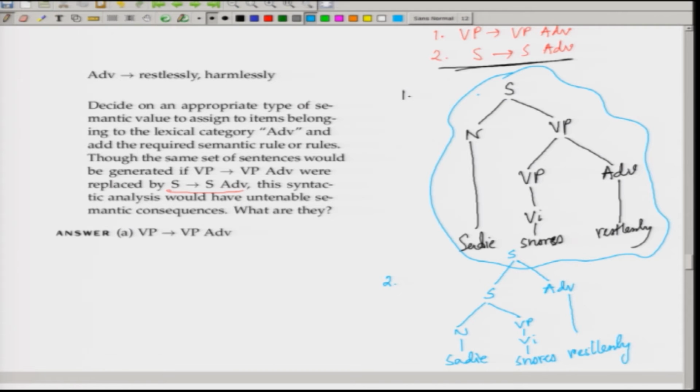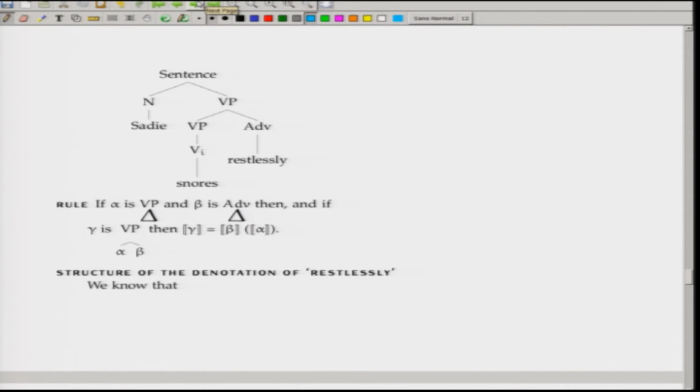What are those consequences? So, there are two questions. The first thing is adding the semantic rule, and the second thing is ruling out this option. We need to show that option 2 is bad. How do we do that? First, we consider the first part of the question, that is adding the semantic rule corresponding to VP goes to VP ADV.